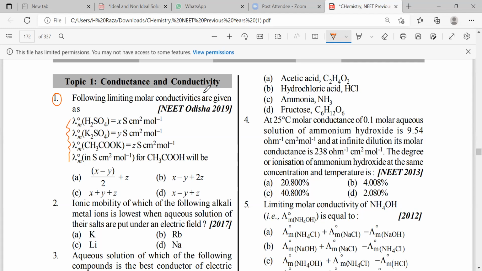Is it B? No, it's not B. Did you solve it or just calculate in your mind? I calculated in my mind. Okay, just solve it. You will get your answer.